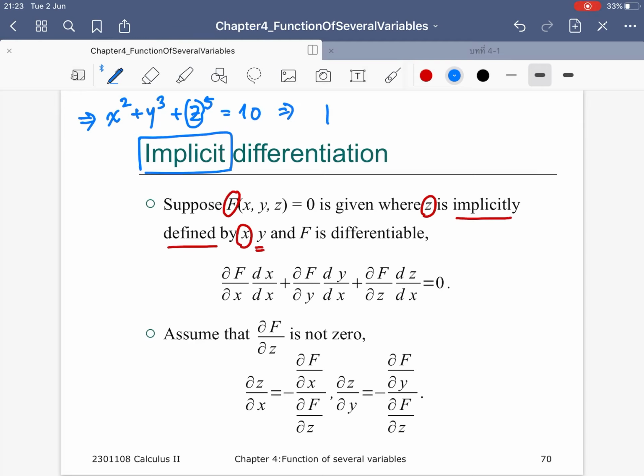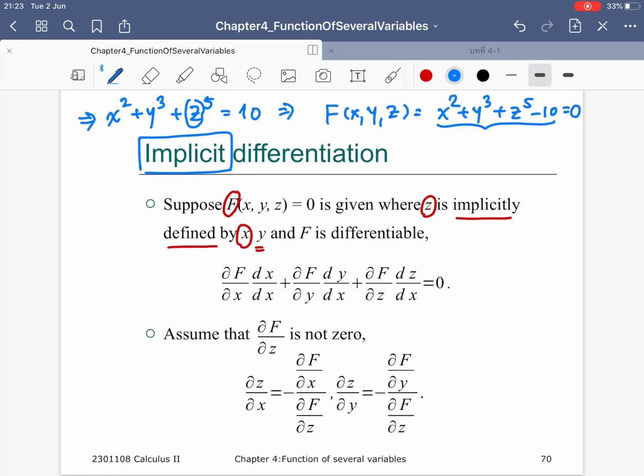So it means that your capital F of x, y, z is x squared plus y cubed plus z to the fifth minus 10 equals 0.